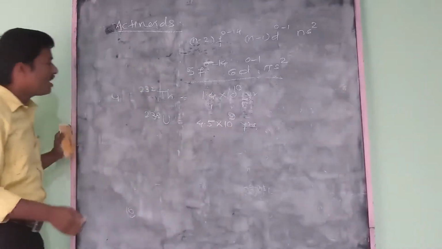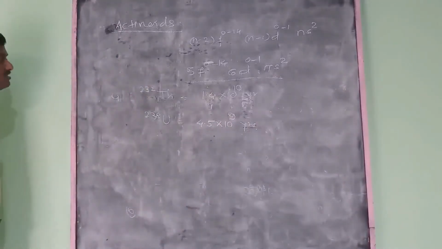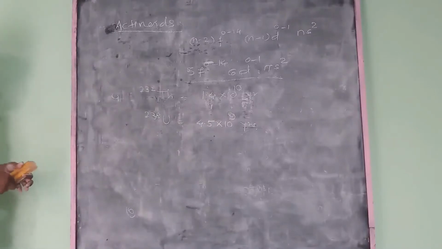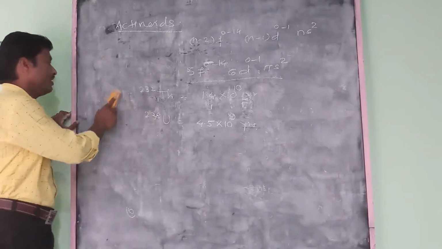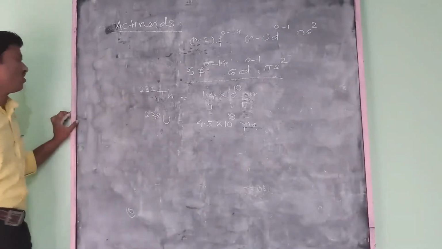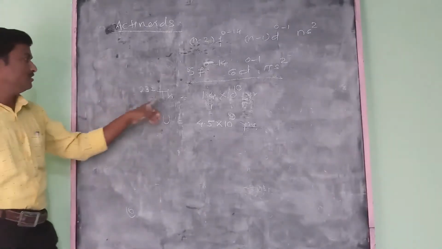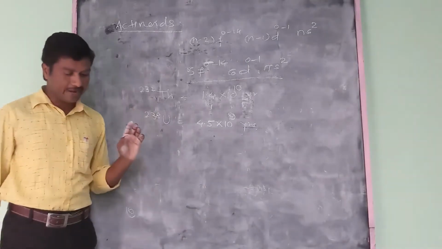These are the half-life periods. Generally these elements, thorium and uranium, are radioactive and are found in the rocks on earth. These two elements are radioactive.